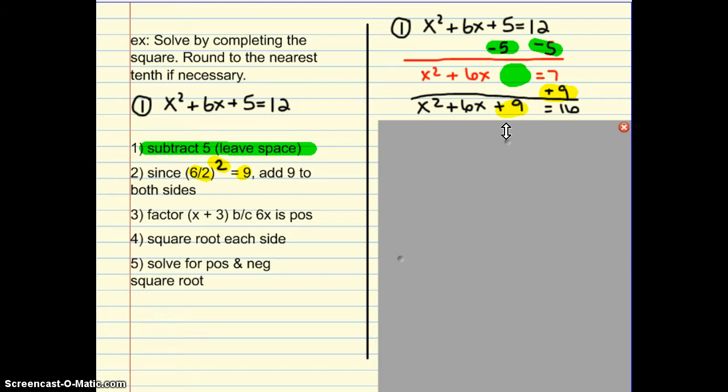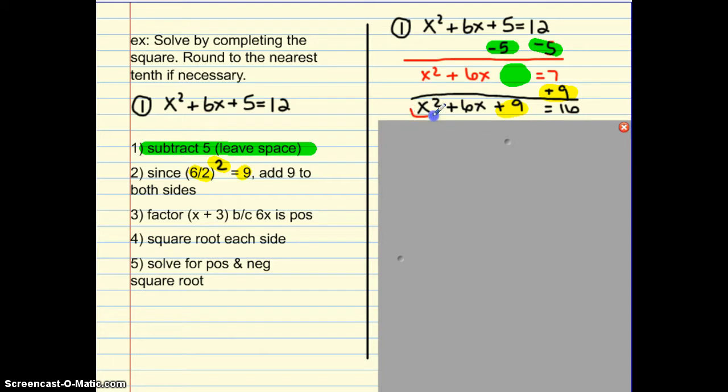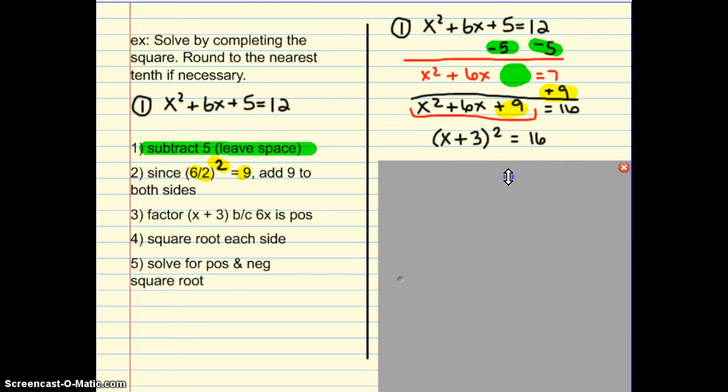Then we're going to factor this down, kind of like we did in that first slide. We're going to write it as (x plus 3) squared equals 16.